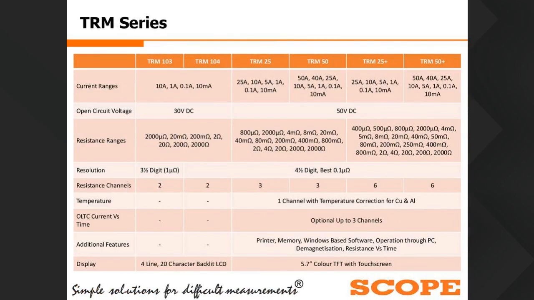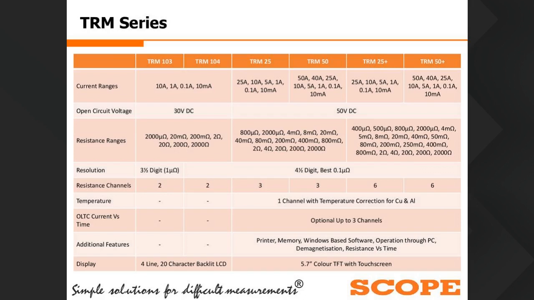Here you can see some comparisons of our TRM series. We have given the current ranges for the various models. For TRM 103 and 104, it is from 10 milliampere to 10 ampere, and middle ranges are also there.